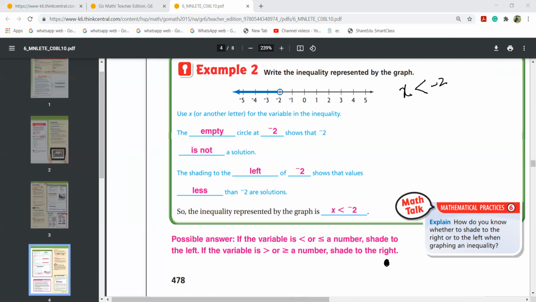If I say you must have more than 5 chocolates, is 5 enough for you? No, you must have at least 6, right? That's why they write here "not a solution." If it is equal to, it's a solution. Yes, Miss, I'm done.